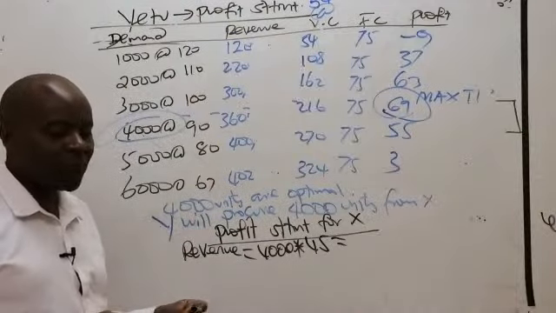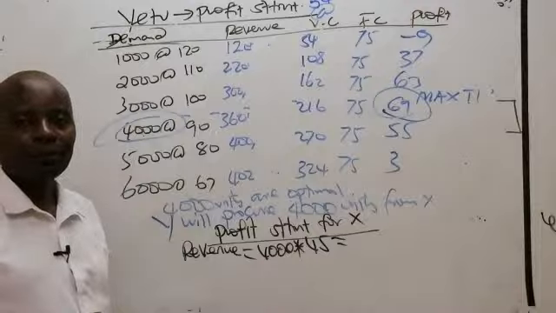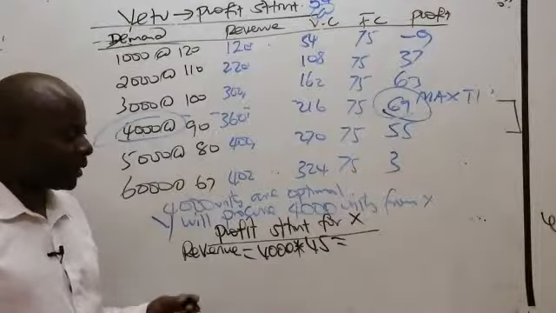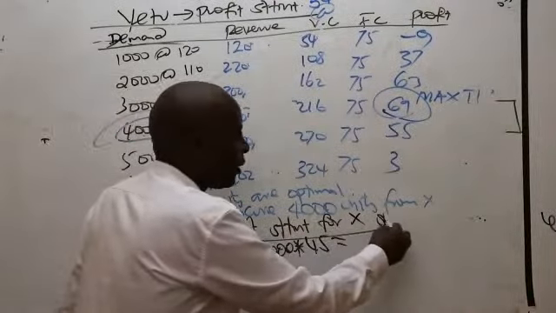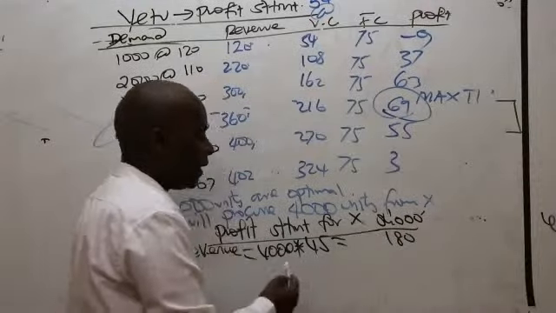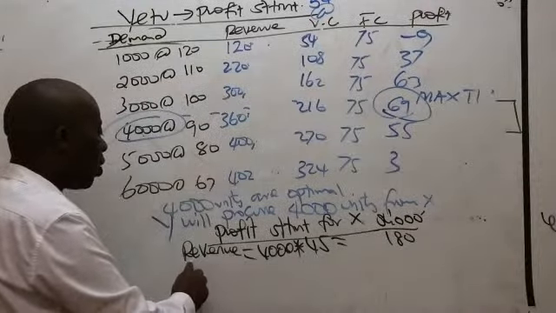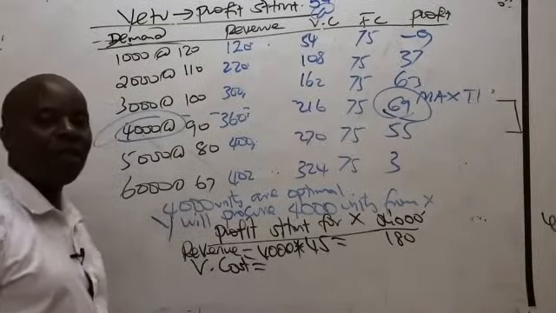So what is 4,000 times 45? My figures are actually in thousands. That gives 180. From there you come and less cost, of which we shall start with the variable cost.